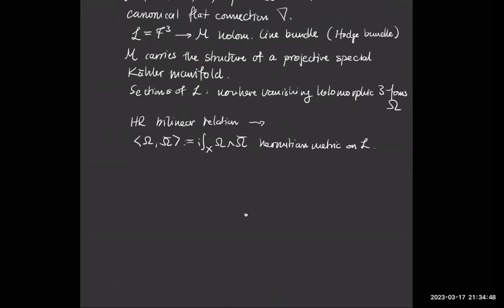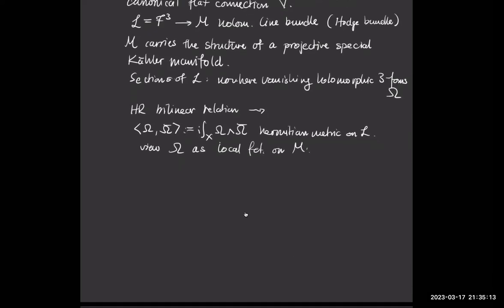But we can view omega not only as a section of L, we can also view it as a function on a local chart in M. So view omega as a local function on M. Then since this is a metric, it's positive and it's just a number, so we can write it as follows.